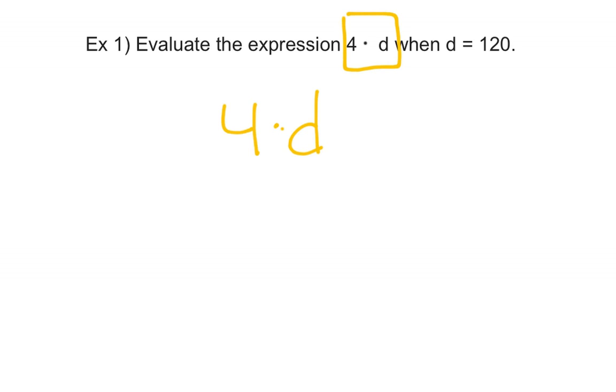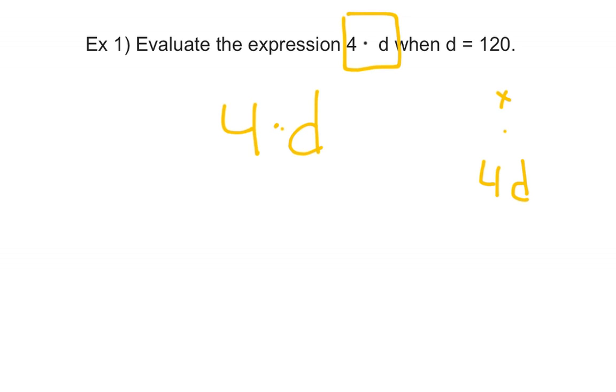It's not always this old school multiplication anymore. We also have this multiplication dot, and a lot of times instead of putting something in there, they might just squeeze them together. There's no operation between them, and I know if this is the case that also means 4 times d, which also means that we're multiplying.